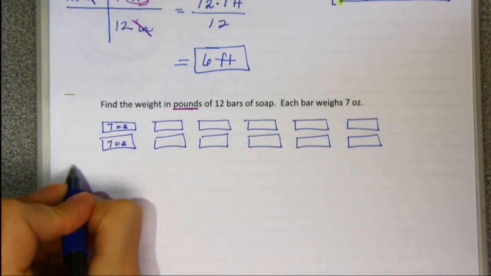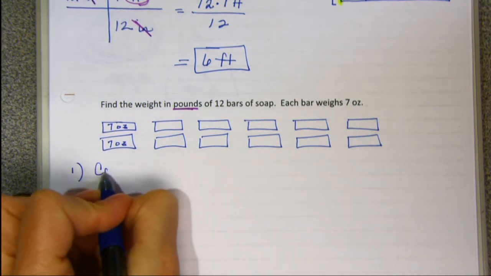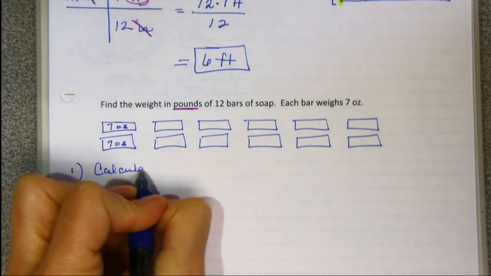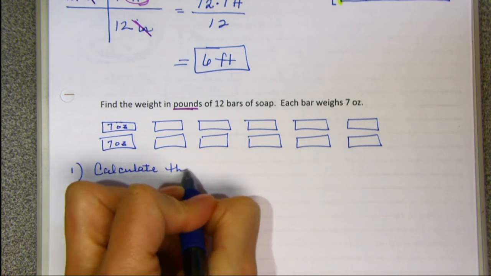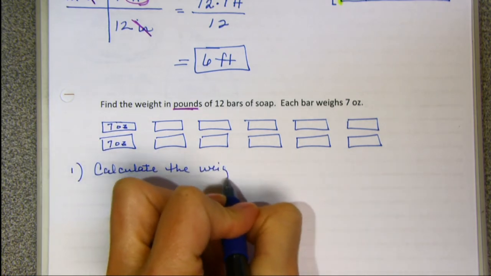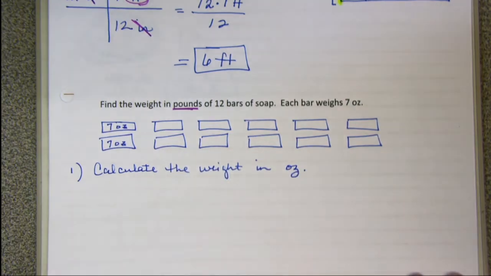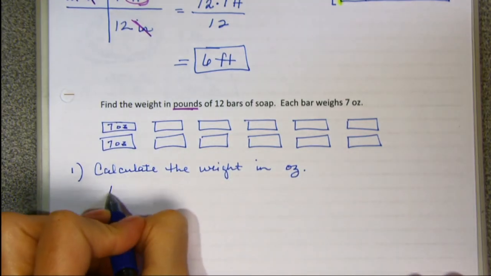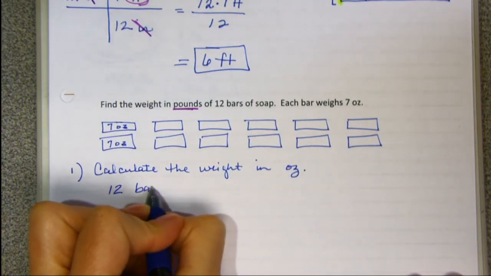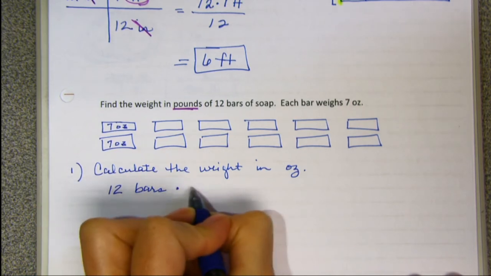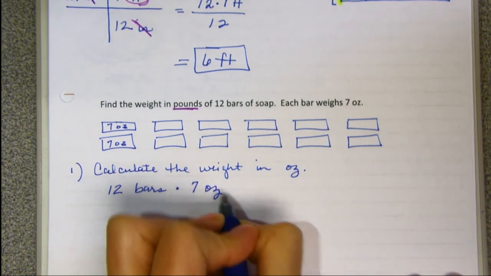All right, so the first thing I'm going to do is calculate the weight in ounces. So I have 12 bars of soap times 7 ounces each.